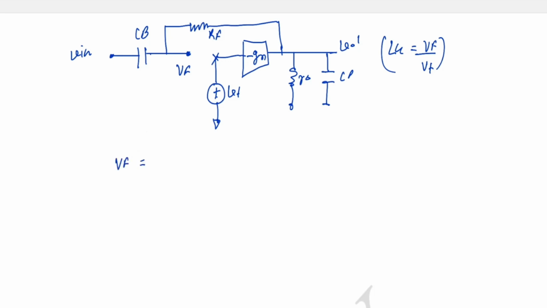So I will ground this input. Okay, and we break the loop. So this input is 0. So Vf will simply be a KVL. So that will be 1 by sCB divided by RF plus 1 by sCB.